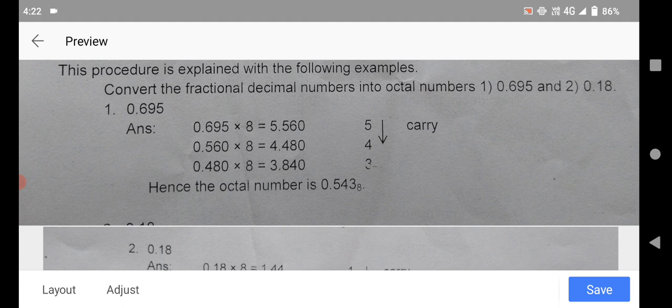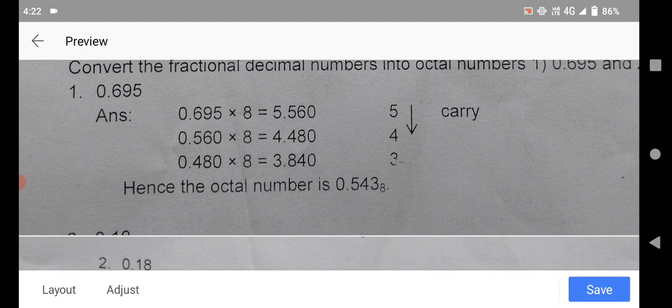and the remaining fractional number is 560. Again multiply by 8. So right now, 0.560 multiplied by 8, the calculation gives 4.480. In that, the carry is 4. So note down the carry 4 and the fractional number is 480.